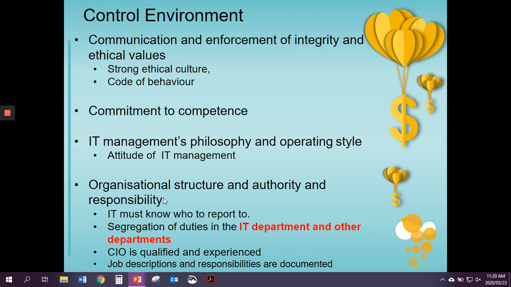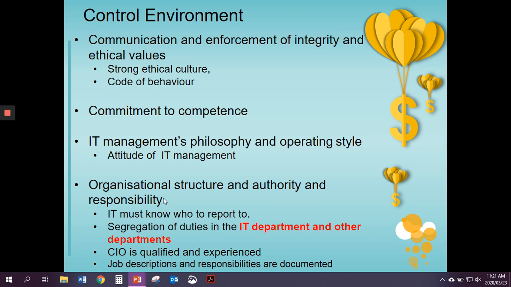Because if the programmer is able to deal with user queries, the programmer will then understand how to break the control or how to override the control, and he will be able to do that given his skill set. So the programmer should never be involved with end user queries and that sort of stuff. The programmer must be only involved with development and maintenance of the system, and not with resolving queries, because his skill set makes him very dangerous in terms of overriding of controls.